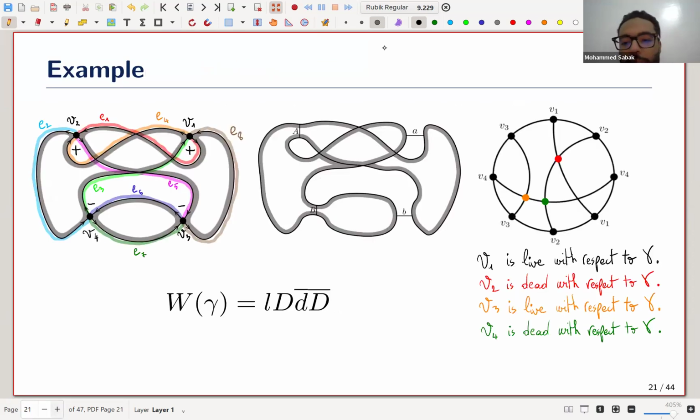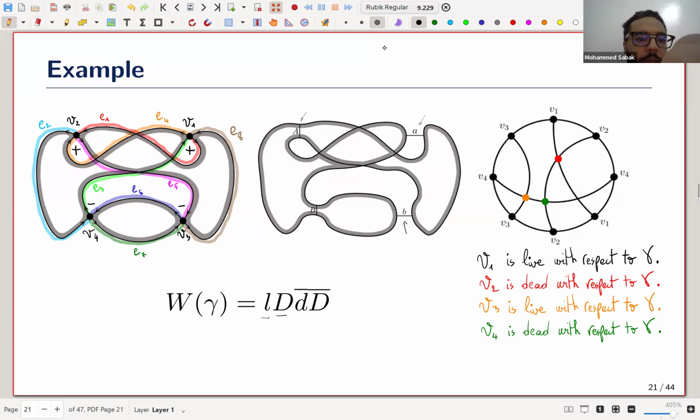So here we have the example from earlier. V1 is live, V2 is dead, V3 is live, and V4 is dead. And the marker for V1 is a little a marker, so we have a little L for V1. For V2, we have a capital A marker, and it is dead, so we have capital D. For V3, it is a little b marker, and it is dead.